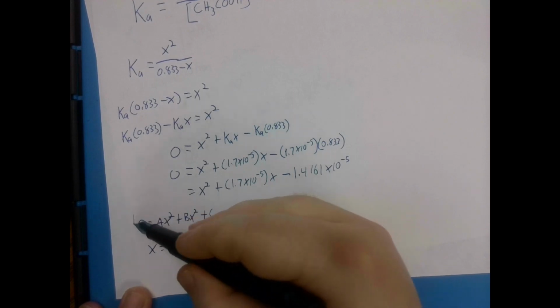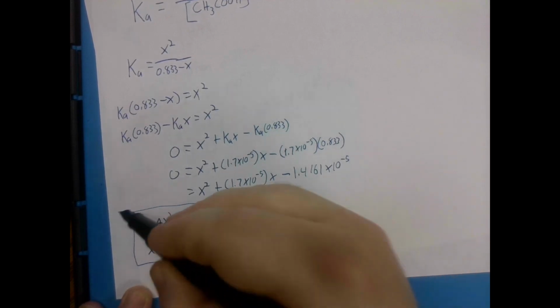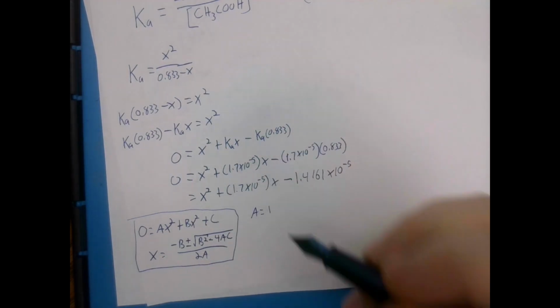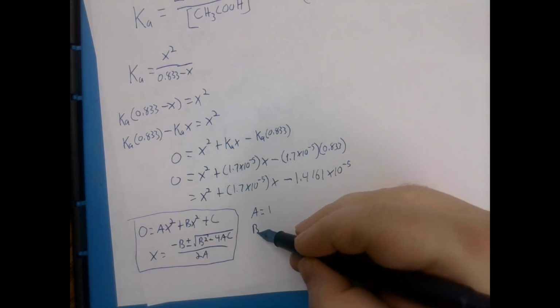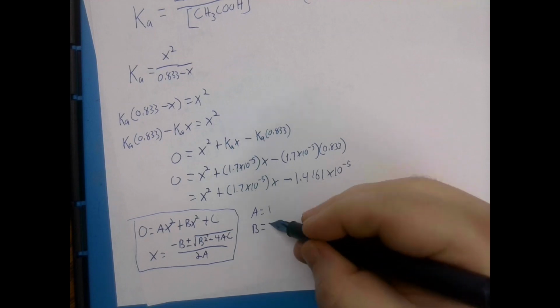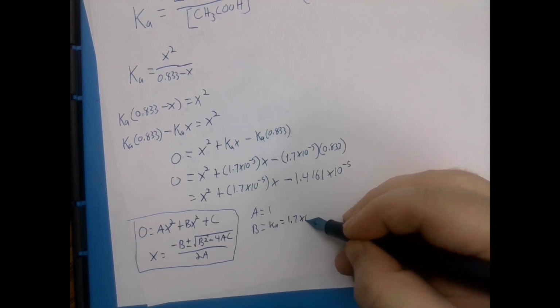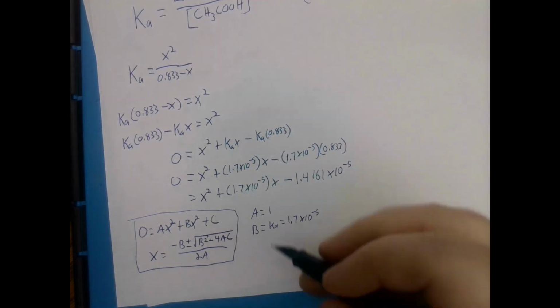This is the quadratic formula. So in this case, my a is 1. My b is equal to Ka, which was equal to 1.7 times 10 to the negative 5.